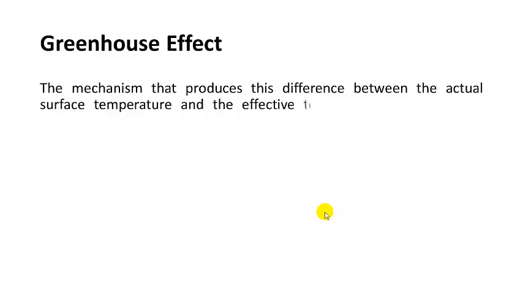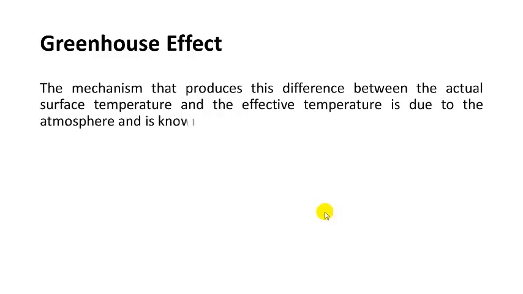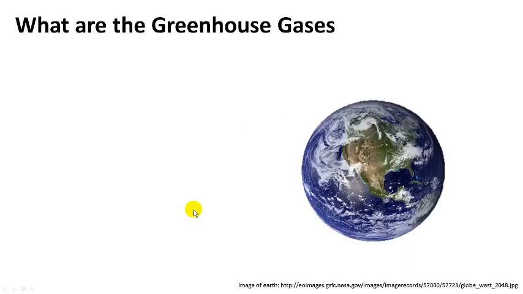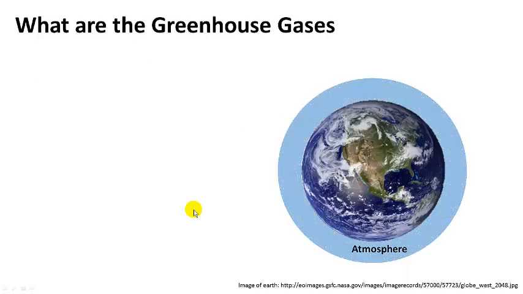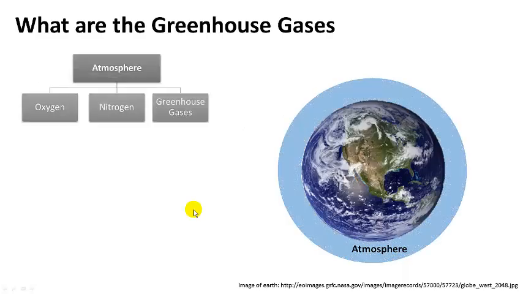The mechanism that produces this is really the profound difference between the radiative properties of certain gases in the atmosphere to shortwave radiation coming from the sun and long-wave radiation coming from the Earth. And again, we can conceptualize this in a fairly generic way.